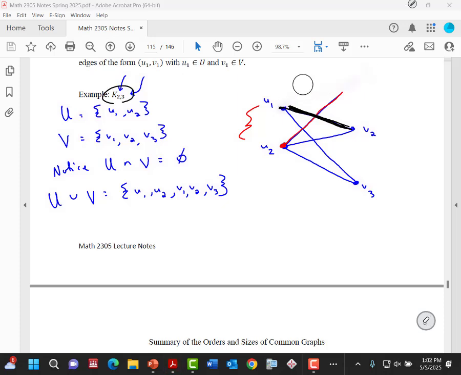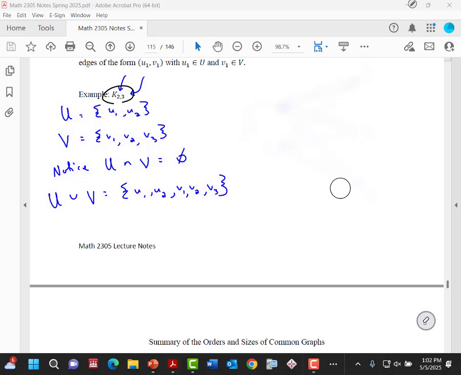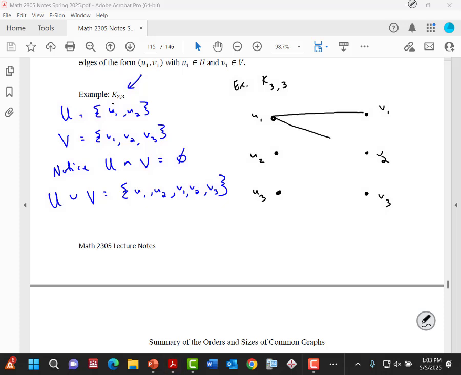But I could easily change up my values right here. Instead of K sub 2, 3, what if I had K sub 3, 3? Well, in this instance, I would have 3 vertices in the U set, U1, U2, U3, and 3 vertices in the V set, V1, V2, V3, and I can only travel from one vertex set across to the others.